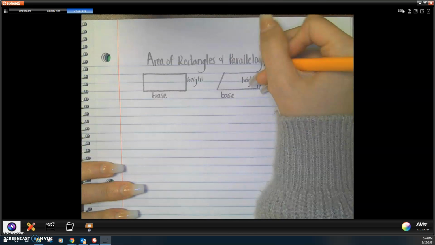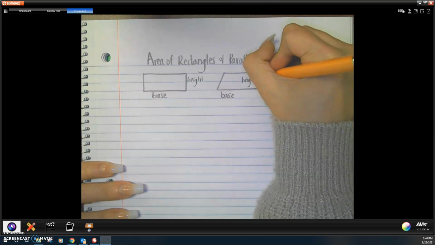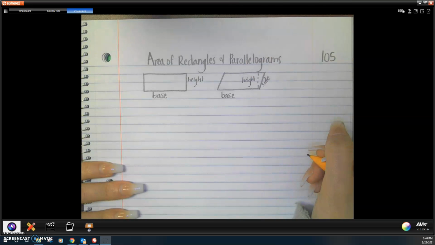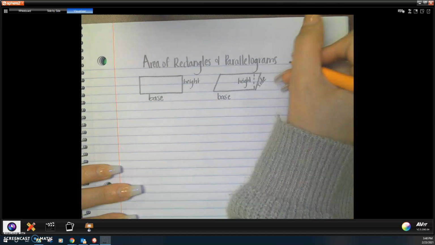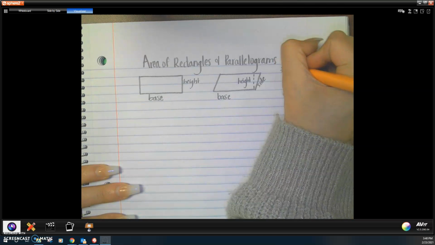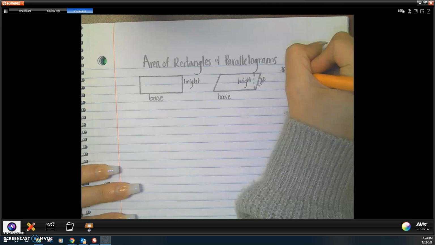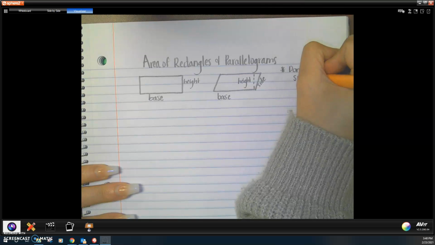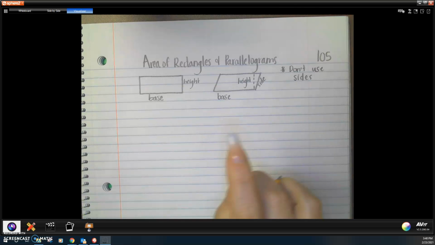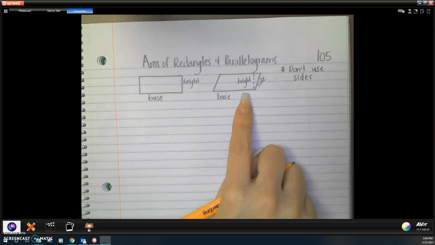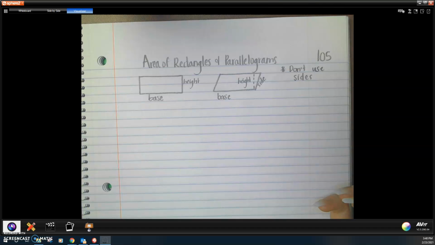The slanted is just the side. So don't use sides. You never want to use those. Only the base and the height.